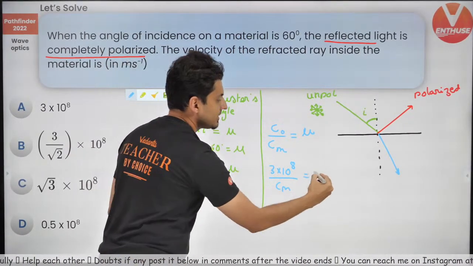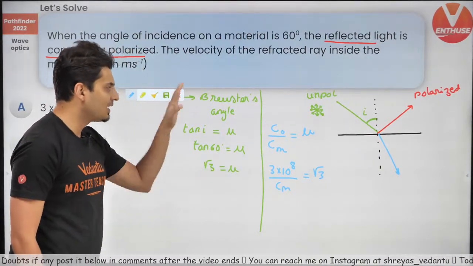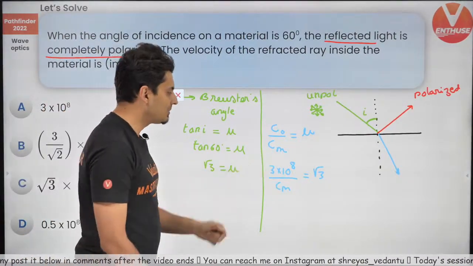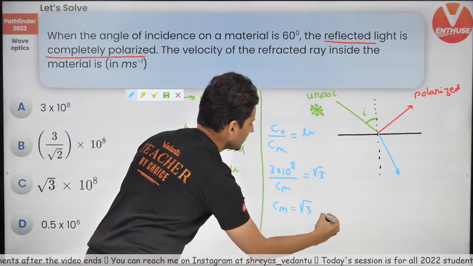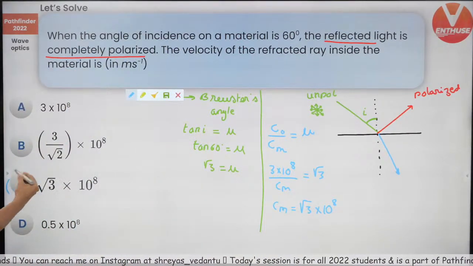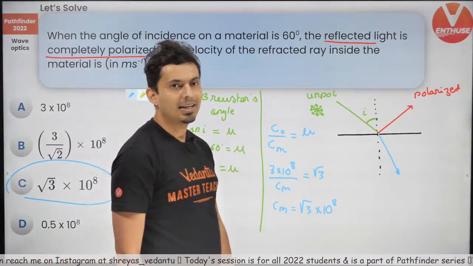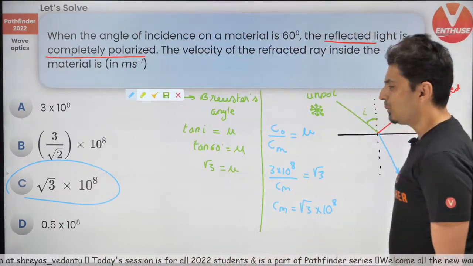Refractive index is just root 3. So the whole idea was to find the refractive index using Brewster's law. Then it becomes simple. This root 3 cancels, and the speed will become root 3 into 10 to the power 8. Is that option there somewhere? I think so. It is option C. Hence, that is done. Is it clear, my warriors?